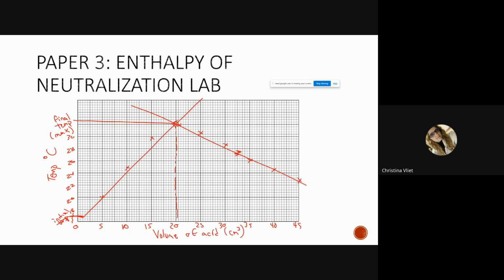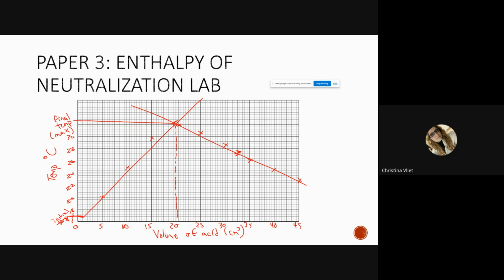But the main thing is that you're choosing your increments in a way that the graph fills more than half the page on both sides. So pay attention to that. When you choose your scales, how they're going to award the mark is that your graph fills at least more than halfway of the temperature axis.